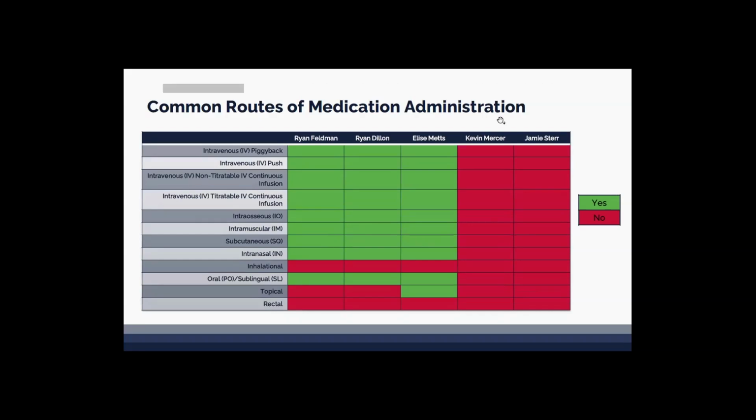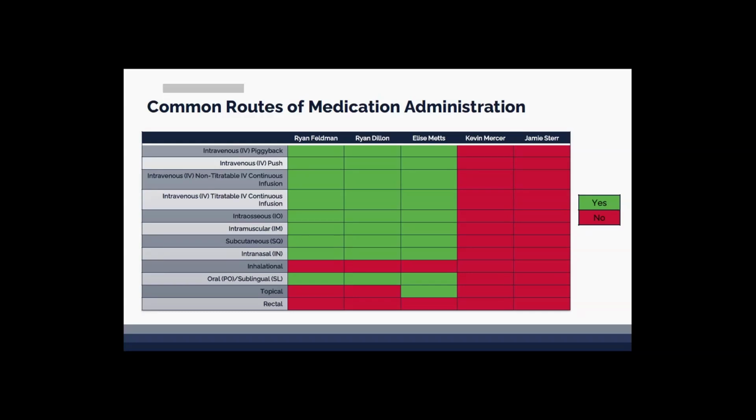Similar to the last slide, I also wanted to include some of the common routes of medication administration where EM pharmacists are involved. Again, you can see a pretty wide array here from IV infusions, non-titratable and titratable, IV pushes, IV piggybacks, as well as some of our other routes of administration outside of IV, notably IO, IM, sub-Q, intranasal. Say for the most part, and especially with our panelists that we've got here today, inhalational medications are not something that most of us are administering at our institutions.